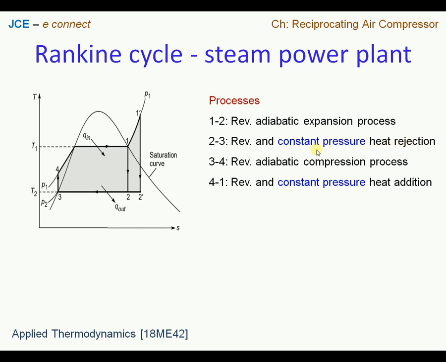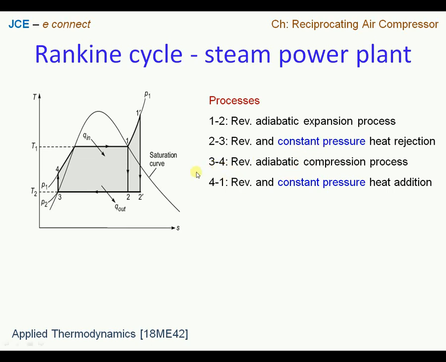When we compare this with the Carnot process from 2 to 3, that is reversible and isothermal heat rejection, whereas in a Rankine cycle heat is rejected at constant pressure. So that is a fundamental difference between the Rankine and the Carnot.